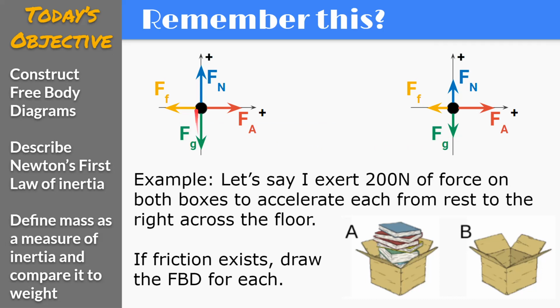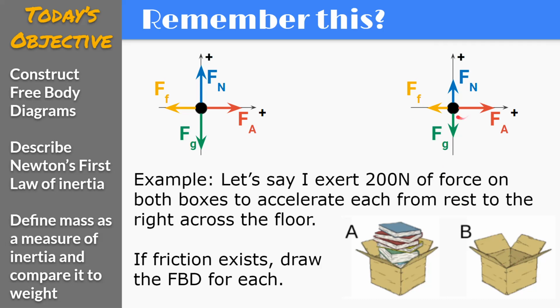And again, my Fn, my normal force, is equal and opposite to my Fg whenever I'm on a flat surface. And guys, that's not always going to be true. I'm not always going to be on a flat surface. Okay, so sometimes they won't be equal, but for now they are. And then over here is a similar situation, but these vectors are a little shorter because this has less weight to it.